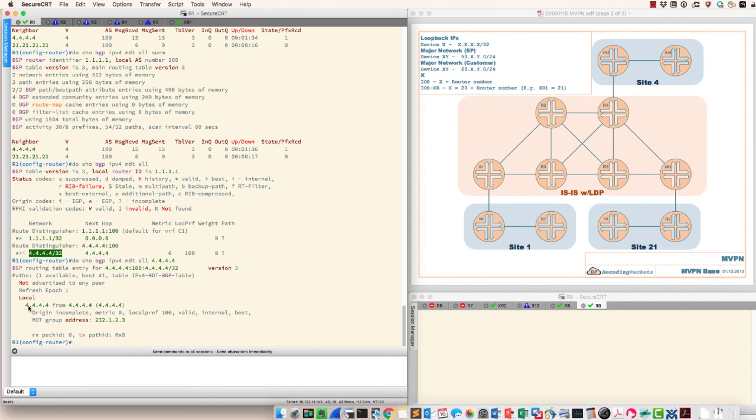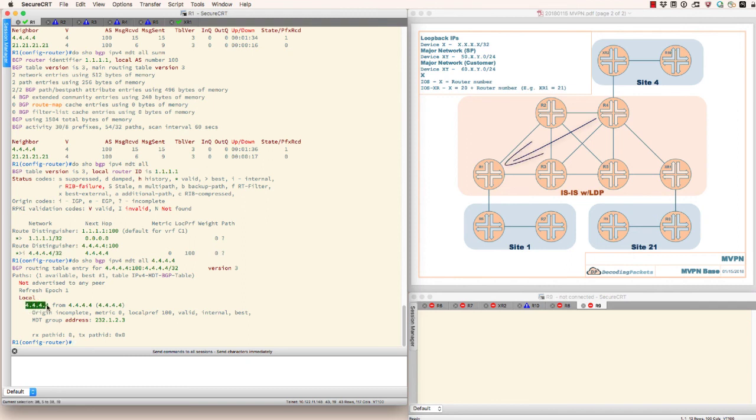And here I can see that I have the S from here, and then my MDT group address is here. There is also an RD defined, which is this 4444:100, but the rest of the information is what matters.